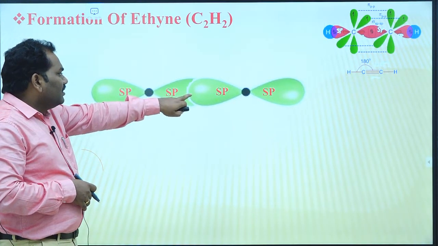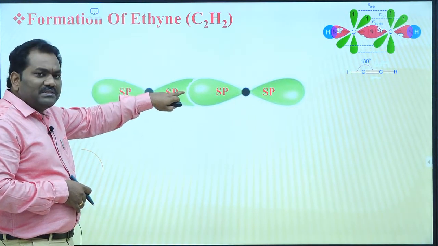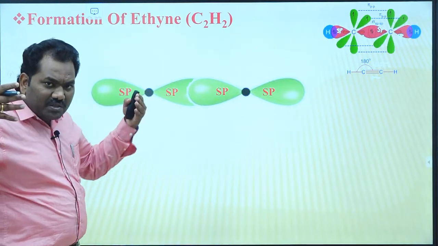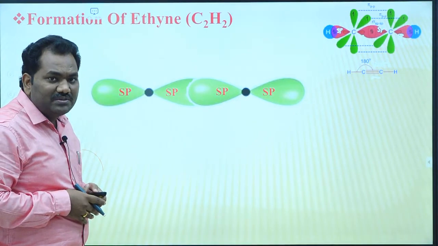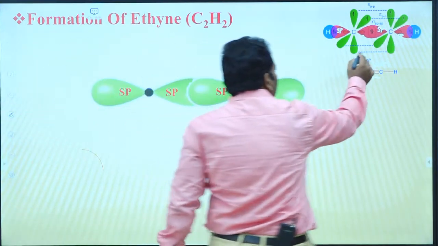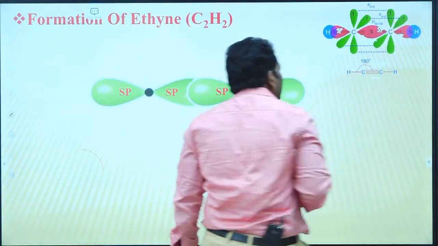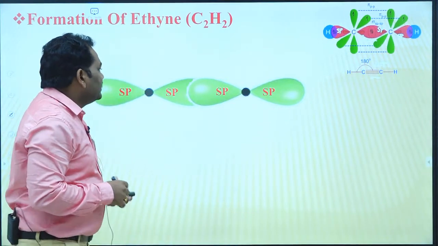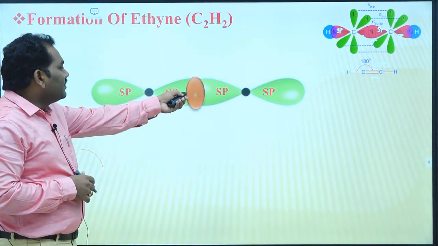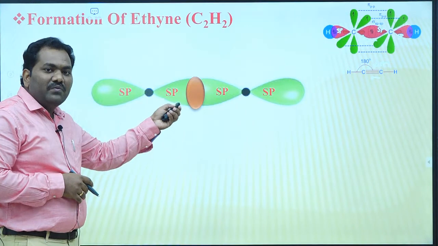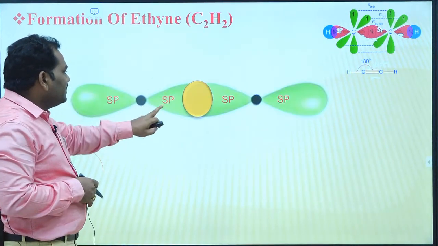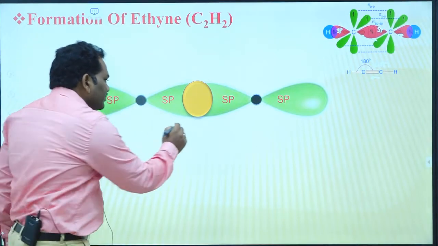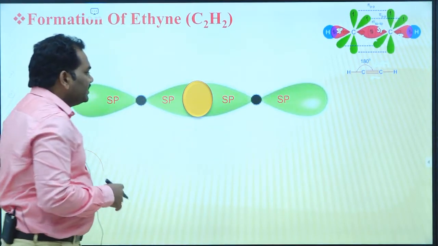Here the sp hybridized orbitals of both carbons overlap with each other, leading to the formation of a sigma bond. This is the sigma bond, and this indicates the overlapping area. It leads to the formation of a sigma bond.